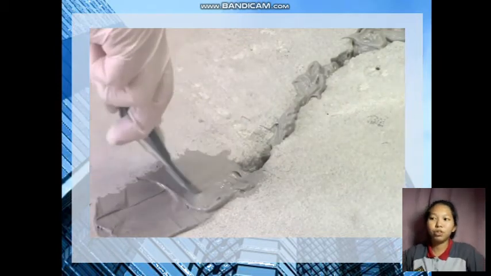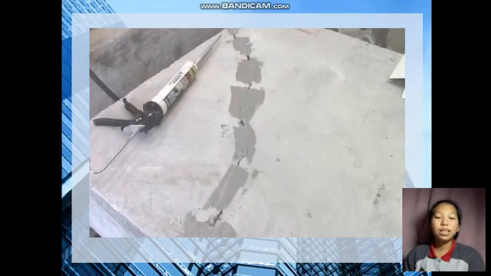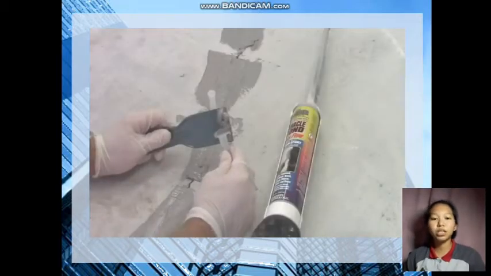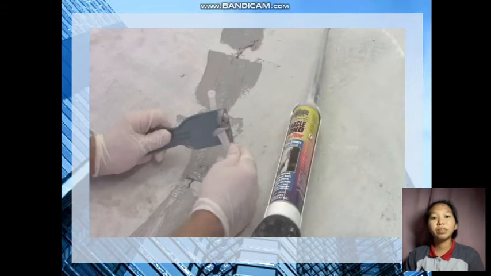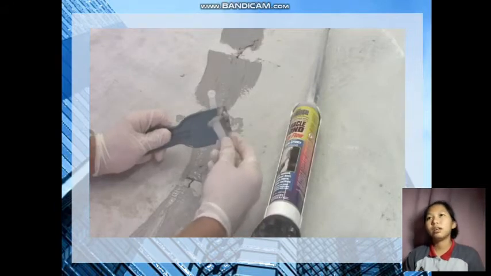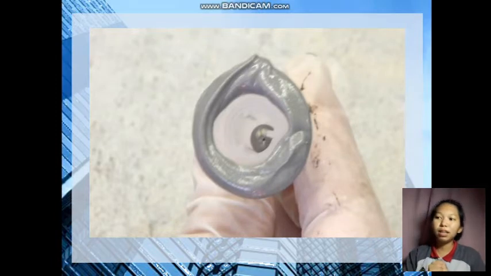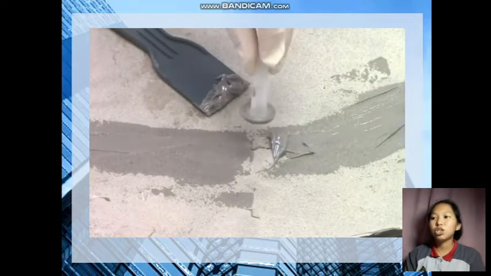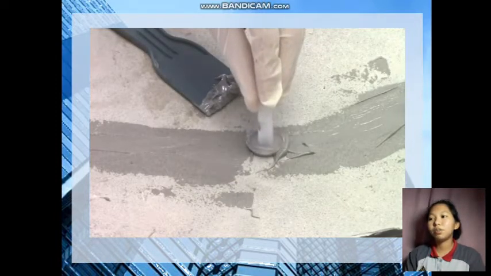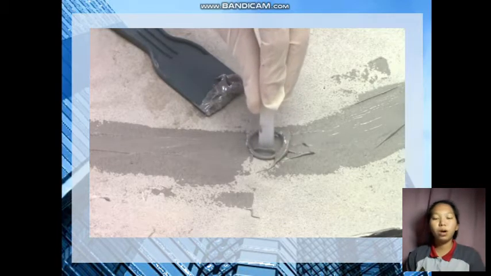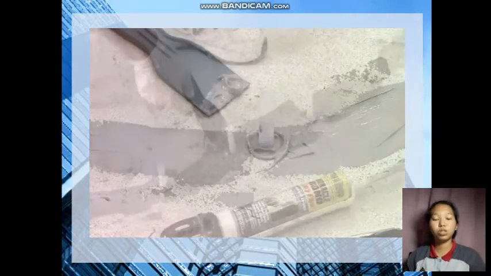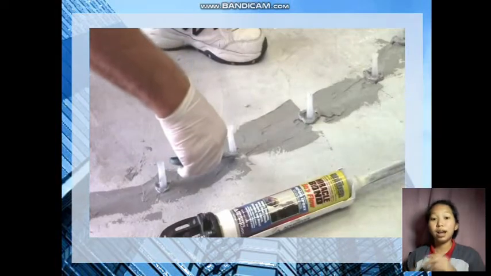So, yan, in this video, una munang nilagay yung parang magic concrete dun sa external part ng crack. Then, ipa-flatten. Then, yung pinapakita niyan ay nozzle. Siya yung dun i-inject ngayon yung epoxy para pumasok siya dun sa loob ng ating crack.